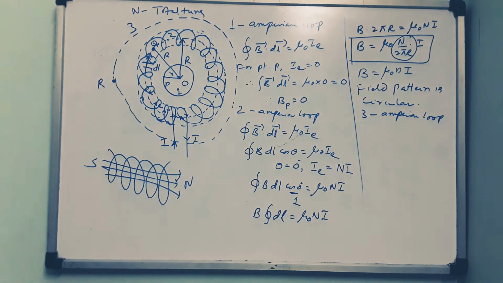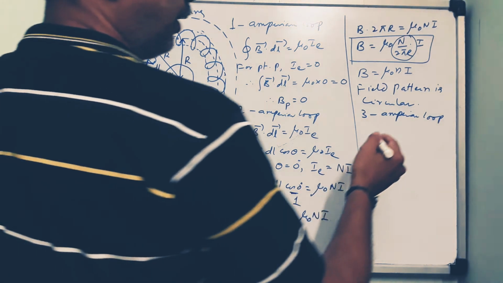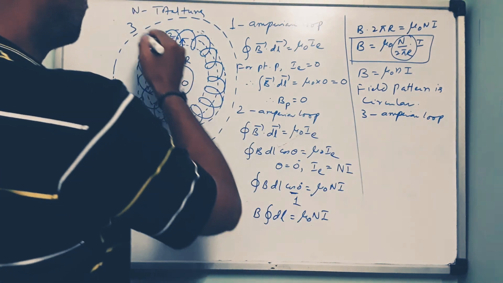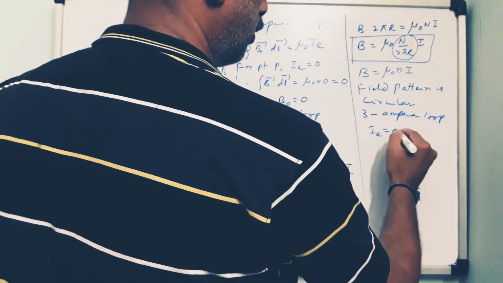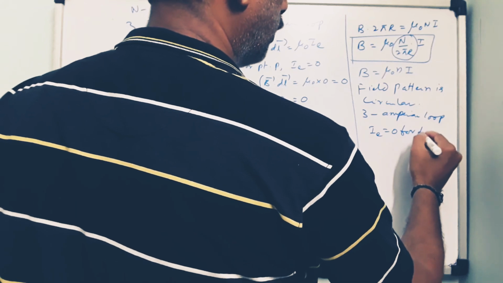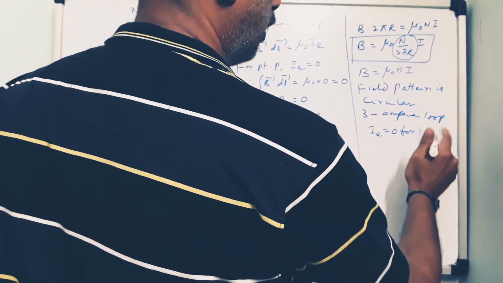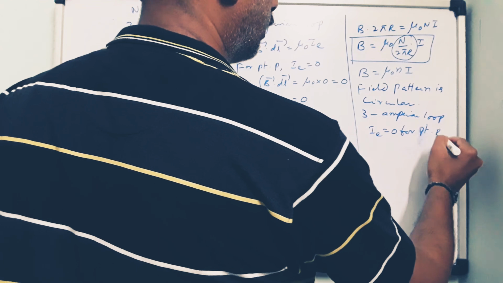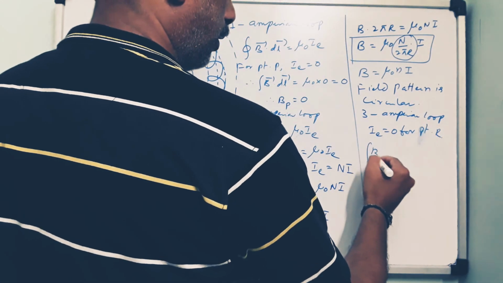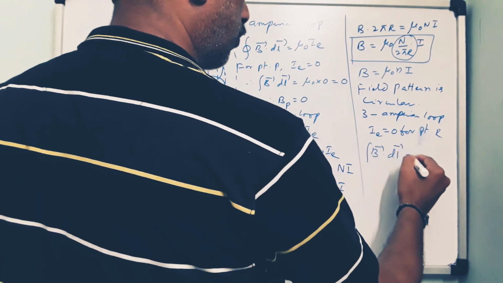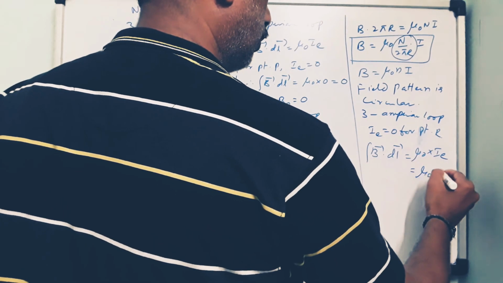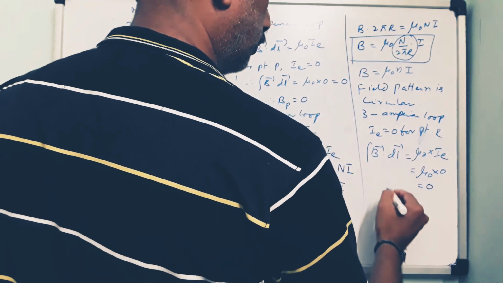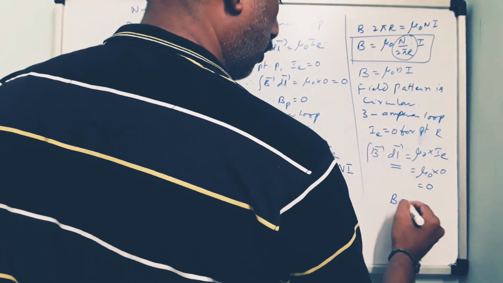This is the reason why the current enclosed by the third Amperian loop is 0. So IE equals 0 for point R. Then integral B dot dl equals mu naught into IE, that is mu naught into 0, that equals 0. So dl cannot be 0, therefore B must be 0.